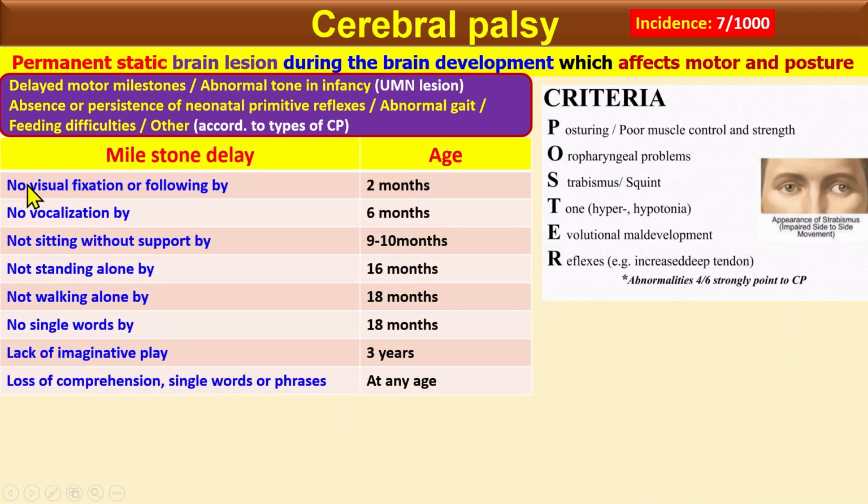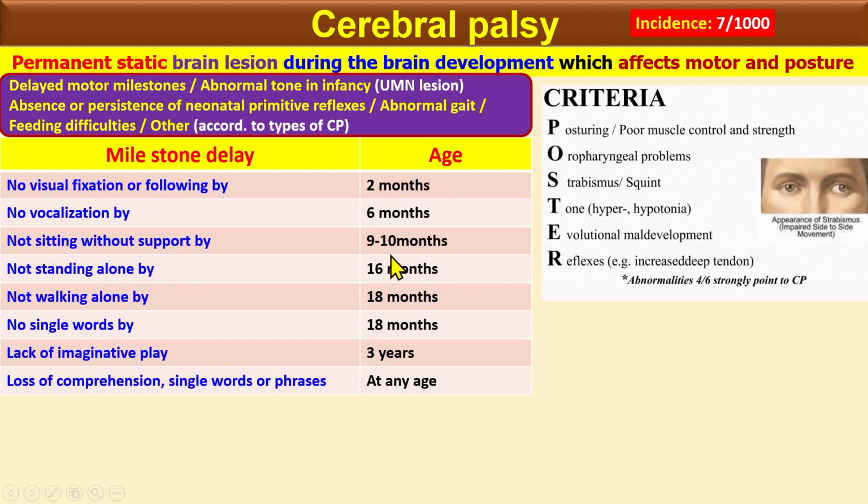Okay, if you look at the motor milestones, this is the age. These are the different milestones that should be achieved by this age. If they are not achieved by this age, we consider there is a delayed milestone, especially the motor milestone. For example, visual fixation by 2 months, vocalization by 6 months; the patient should speak by 6 months.